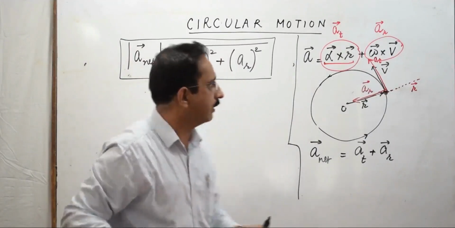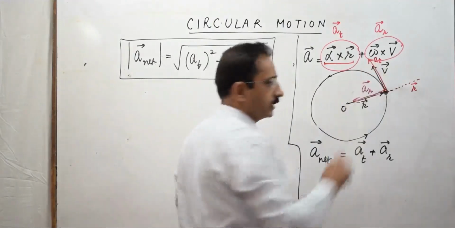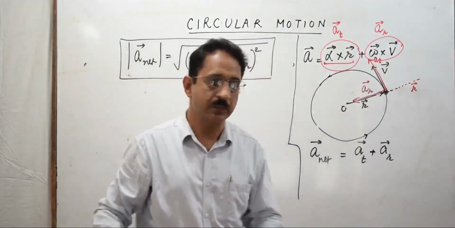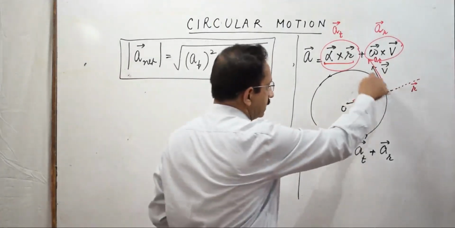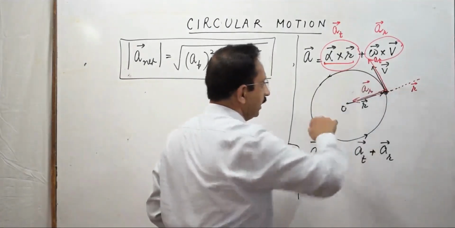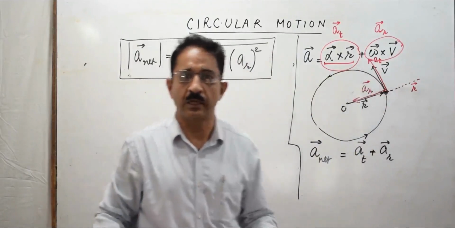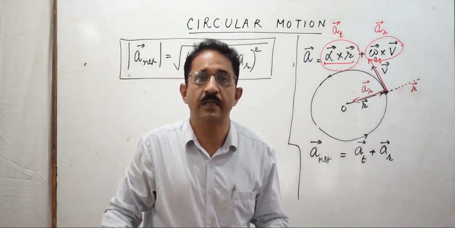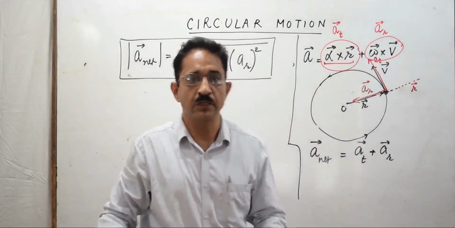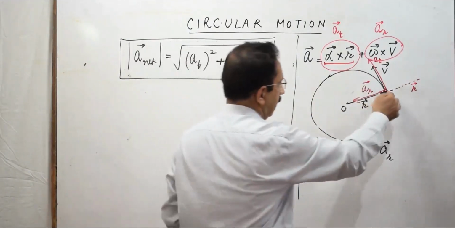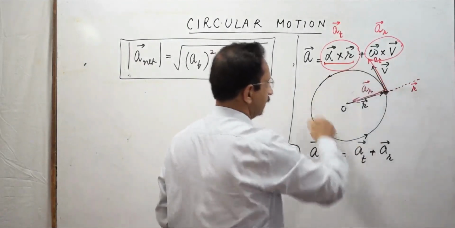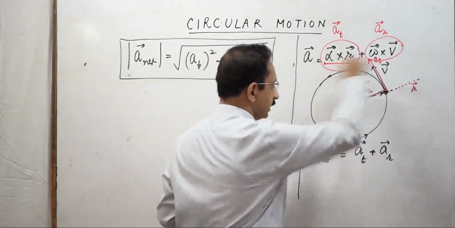But the second one, that is the tangential acceleration, is not mandatory. It is optional. How is it optional? अगर एक ऑब्जेक्ट इस डायरेक्शन में एक यूनिफॉर्म स्पीड से चल रहा है, जिसको हमने यूनिफॉर्म सर्कुलर मोशन कहा, then its tangential acceleration is zero. तो tangential acceleration can understand कि अगर इस डायरेक्शन में पहले ऑब्जेक्ट स्लो चल रहा है, then it increases the speed, then it further increases the speed, then it goes on increasing the speed.